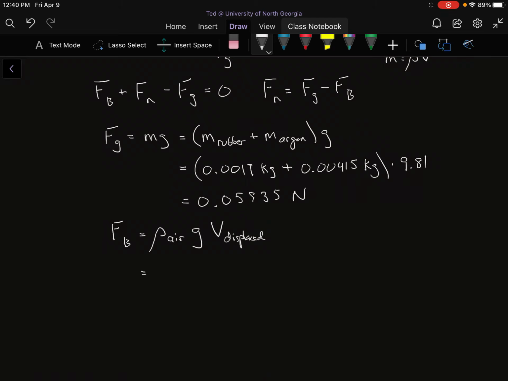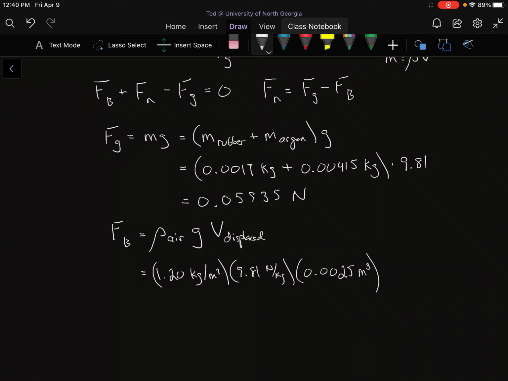So this is going to equal 1.20 kilograms per meter cubed times, of course, 9.81 newtons per kilogram times the volume, which is 0.0025 meters cubed.